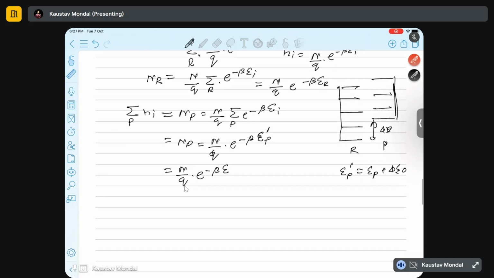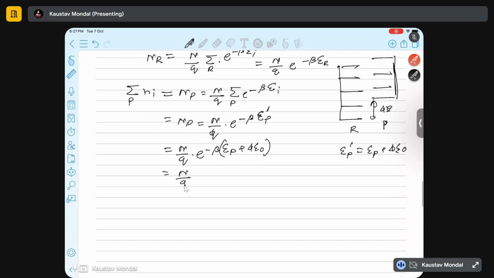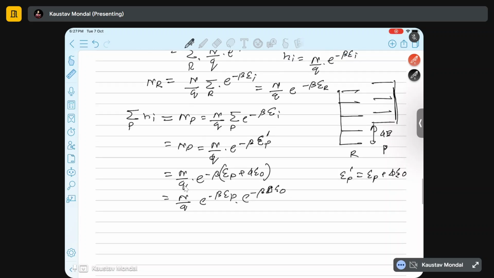Okay, so EP prime equal to EP plus delta E0. This would be N by Q. So this term basically gives you the partition function for the reactants, and this term gives you the partition function for the products, right?